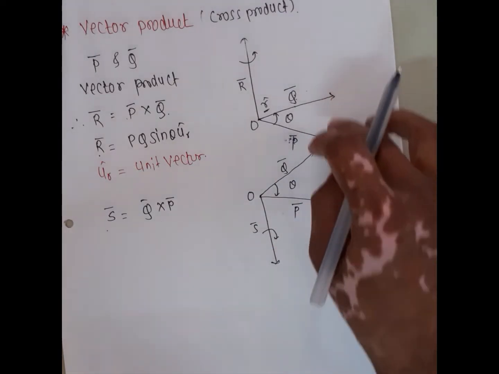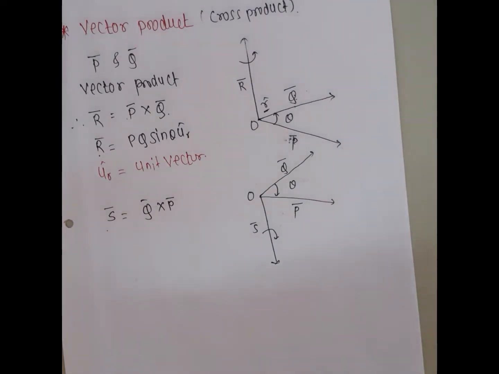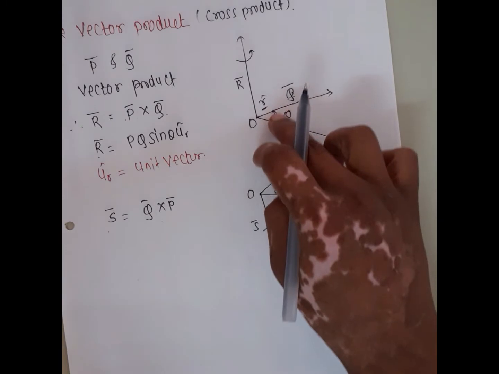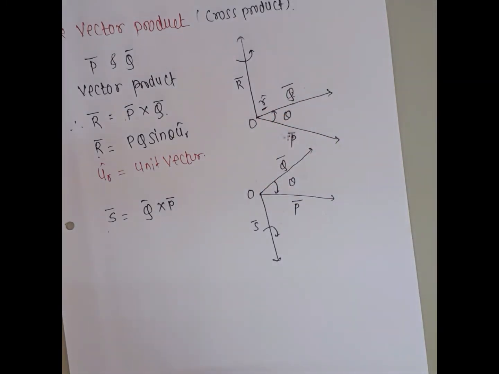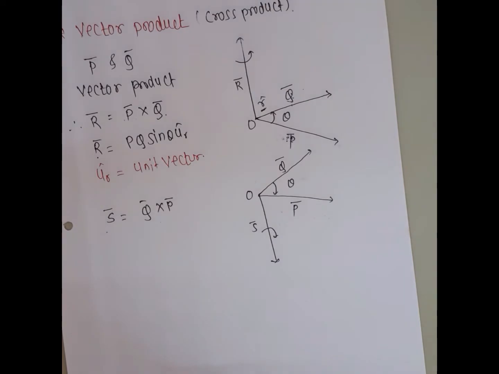These two diagrams follow the right hand screw rule, which is used when the direction must be determined based on the rotational direction. This is a rotation direction, so we apply the right hand rule, and s bar is also written as q bar cross p bar.